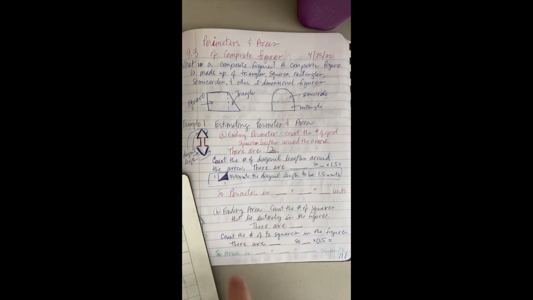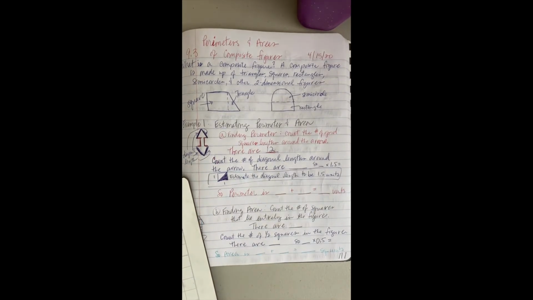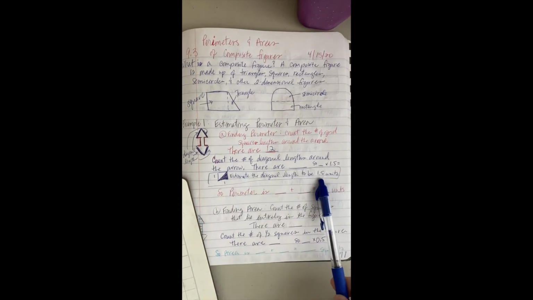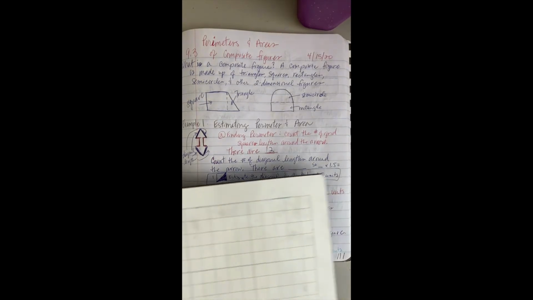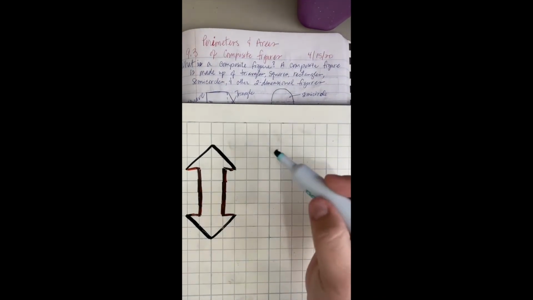Now the next thing we need to do is count the number of diagonal lengths around the arrow. A diagonal length, you might think, would count as one full box, but actually it counts as 1.5 units. So let's count how many diagonal lengths there are going around this arrow.